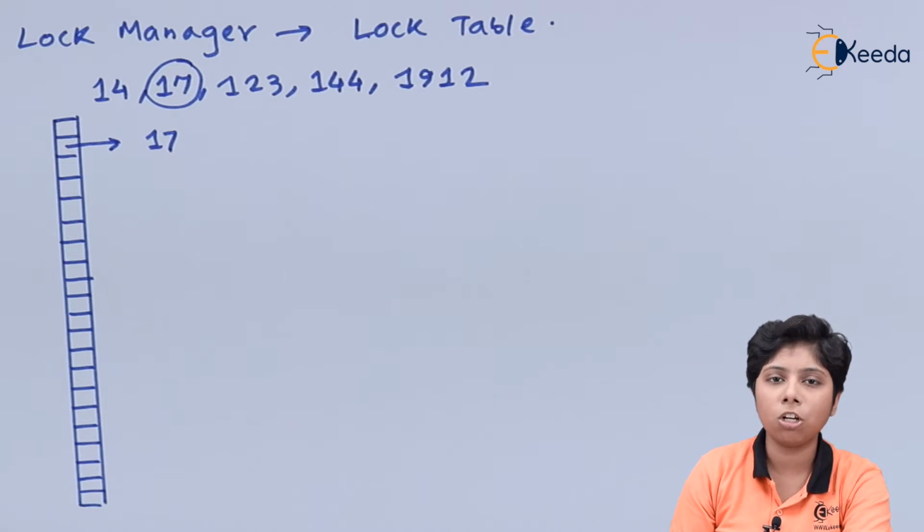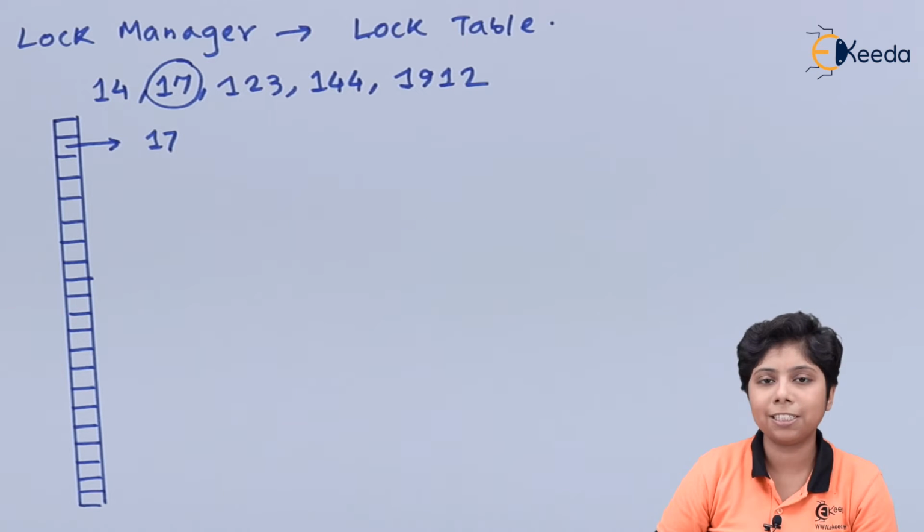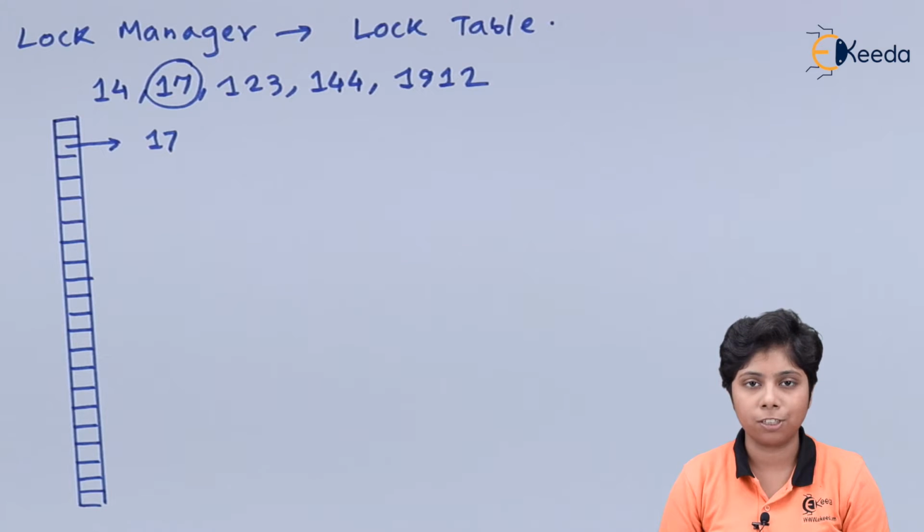If it is in the lock mode, then it will be added to the lock table as a linked list. So we can see that the lock table is a linked list where every data item is linked to the other one by a pointer. The pointer points to the next field, which can be a data item or can be null. For the last of this table, it will contain a null in the pointer field.